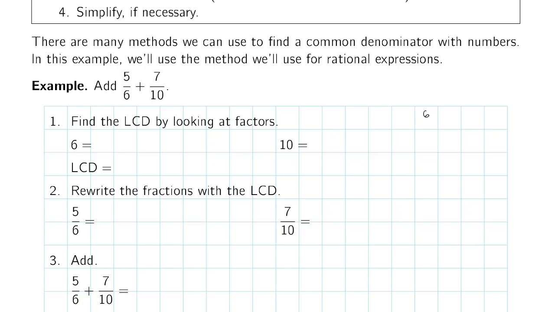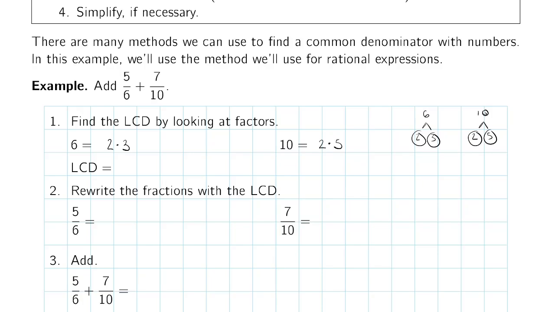Right, so 6 is 2 times 3. Those are prime. 10 is 2 times 5. Those are prime. So 6 is 2 times 3. 10 is 2 times 5.